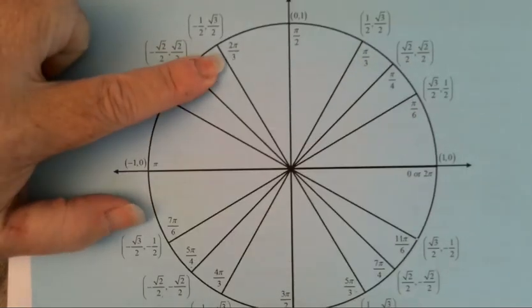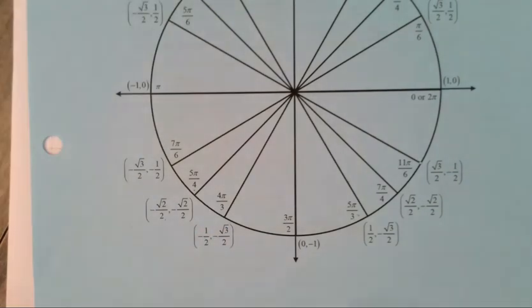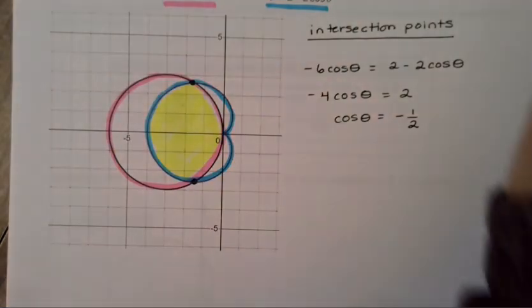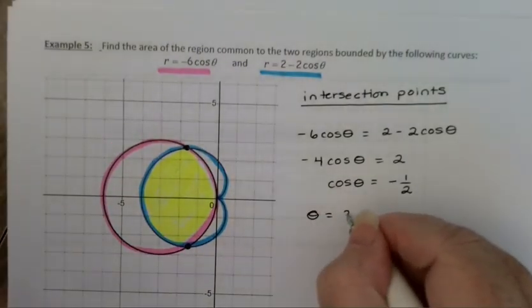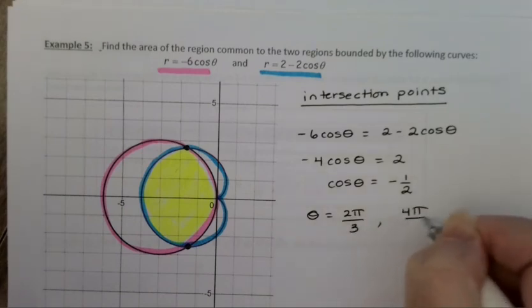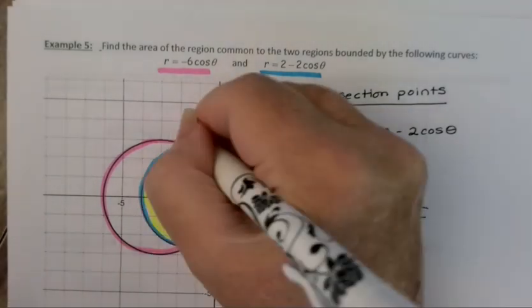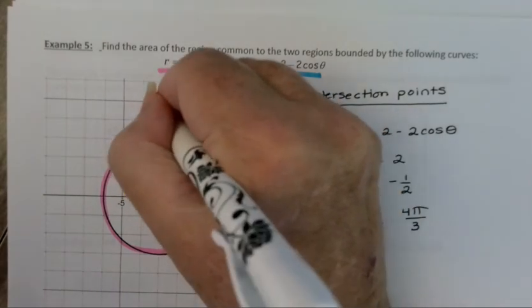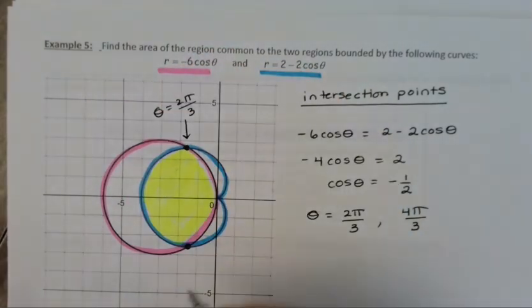So at 2 pi over 3, and also at 4 pi over 3. Two pi over 3 would be the second quadrant one, and 4 pi over 3 would be this third quadrant one.